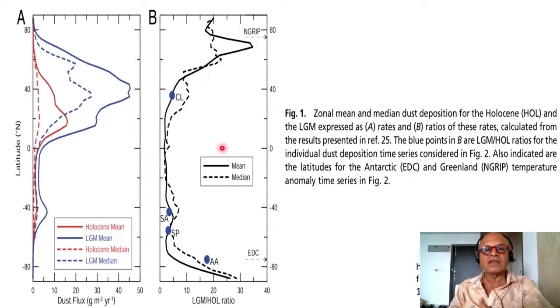In general, climate is drier, rainfall is reduced, so more dust. And if you look at the mean and median of the ratio of last glacial maximum to the Holocene levels, then you see that signatures are a little bit more distinguished in terms of the peaks, so the mean and the median. So you can see now the latitudinal dependence of the ratios.